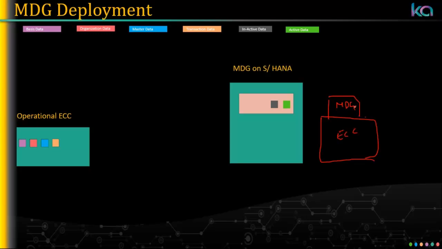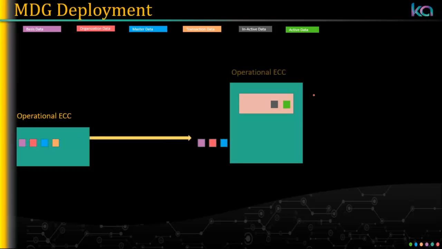So it is sitting on top. If it is S4HANA, it is embedded in S4HANA. That's the only difference. Into this operational ECC, we'll move all this basis data, organization data, and master data.